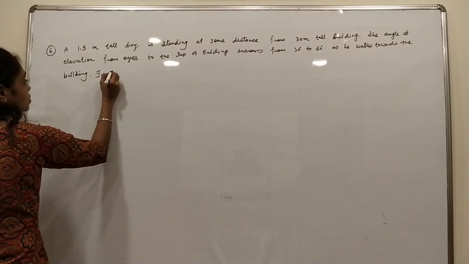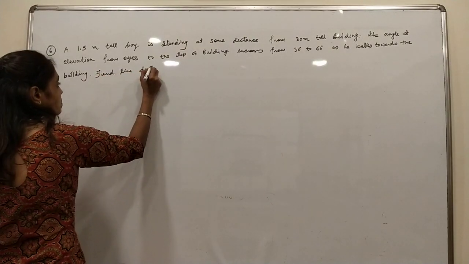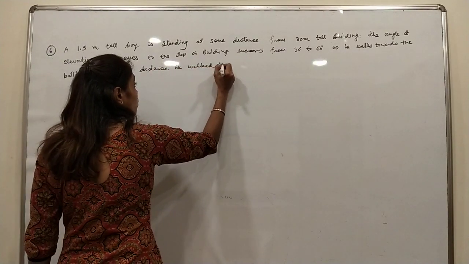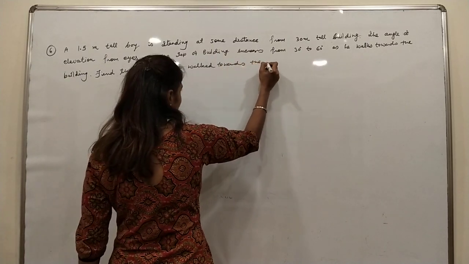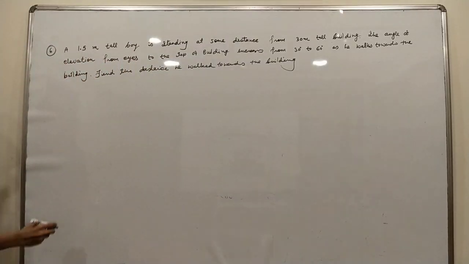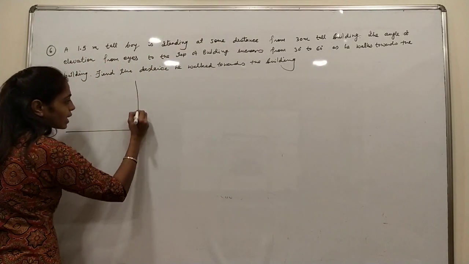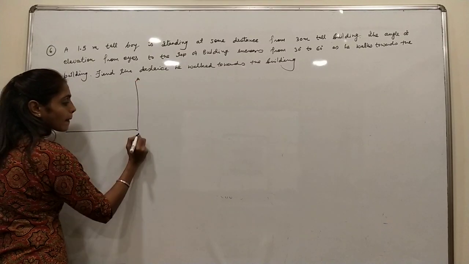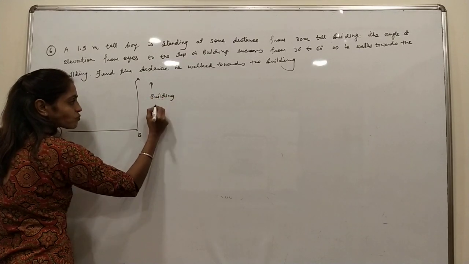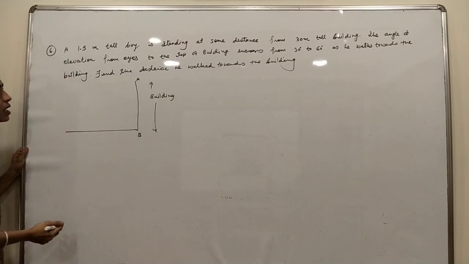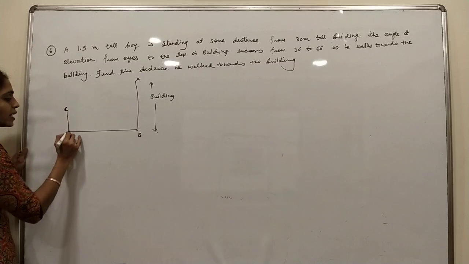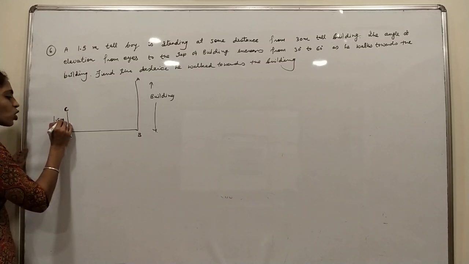Okay? Let AB be the building, the height of the building. Now the boy is 1.5 meters tall, CD is the 1.5 meter tall boy.